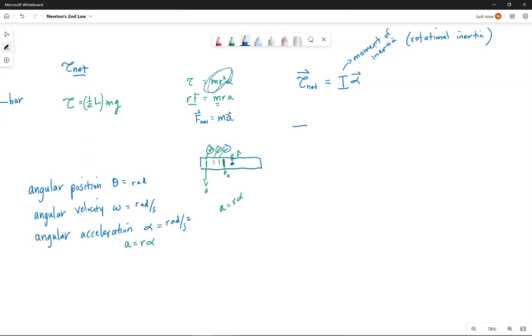So ultimately, to find the moment of inertia, we have to integrate. We need to say that each of these pieces of mass are infinitesimally small little pieces of mass, dm, and we have to account for how their position changes from the rotation axis. So technically, I is an integration, which we're not going to do.